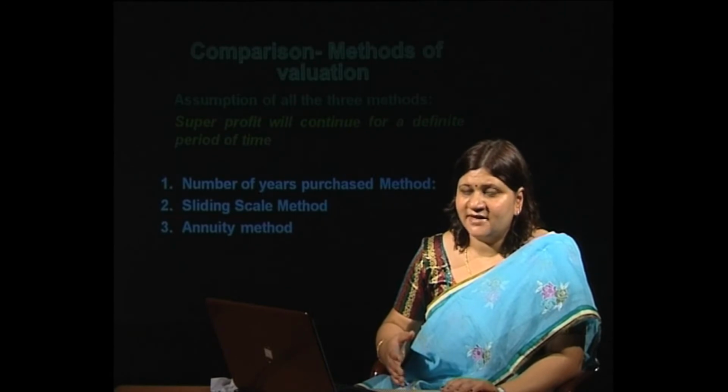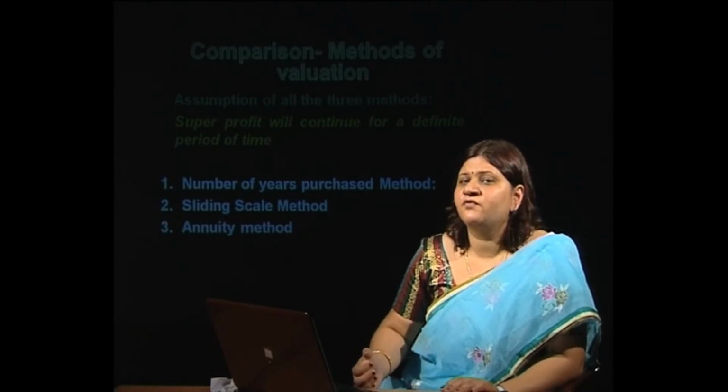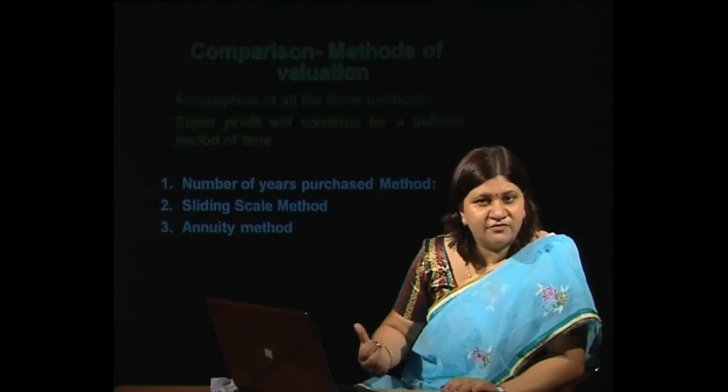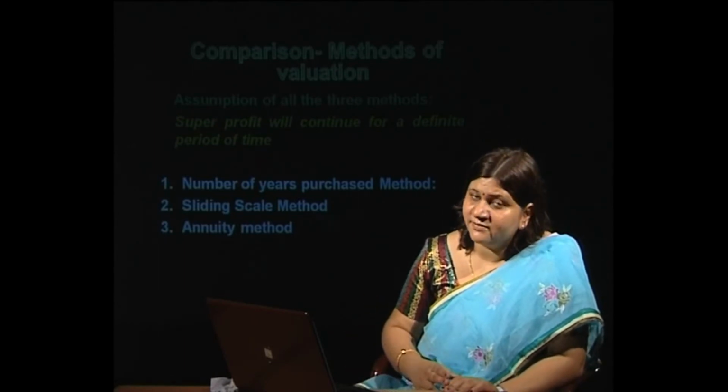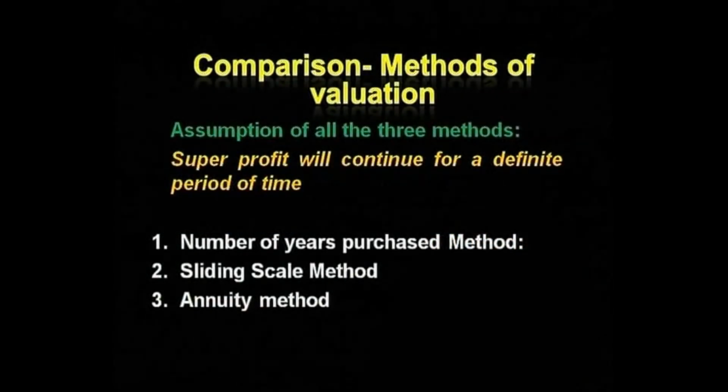So, a very realistic approach is being used for valuation of goodwill based on the super profits method, and let us highlight the difference among all three methods which we have learned right now. Number of years purchase takes a definite number of years to be purchased, which is multiplied by the super profits to value the goodwill.